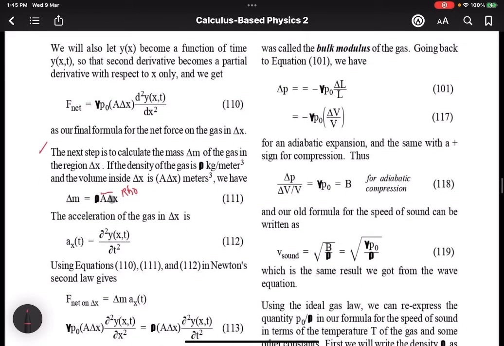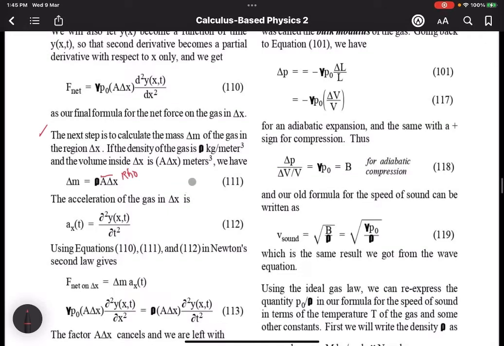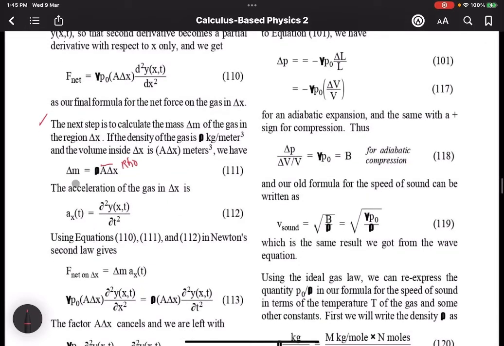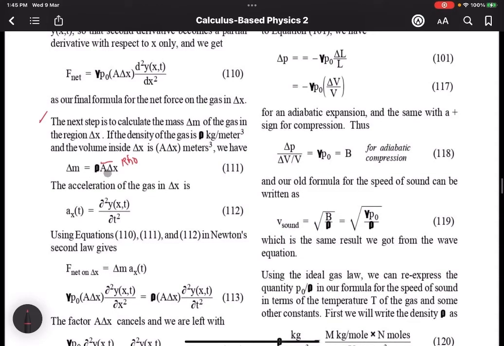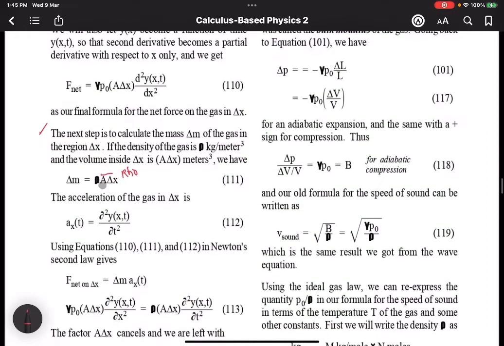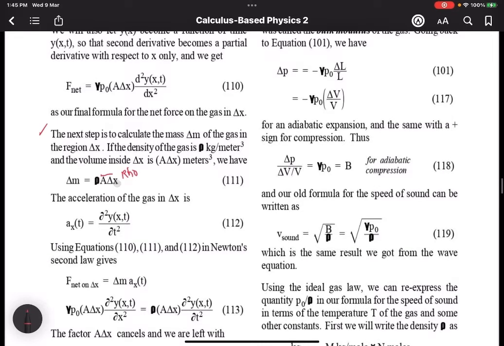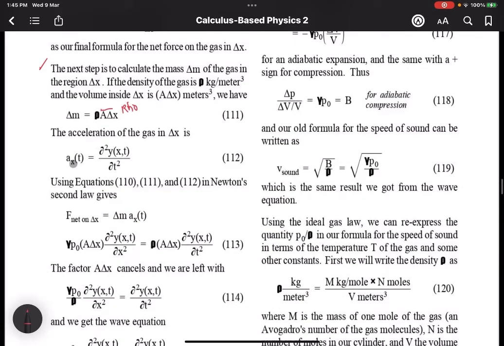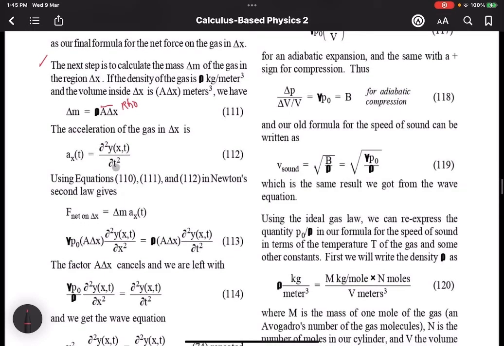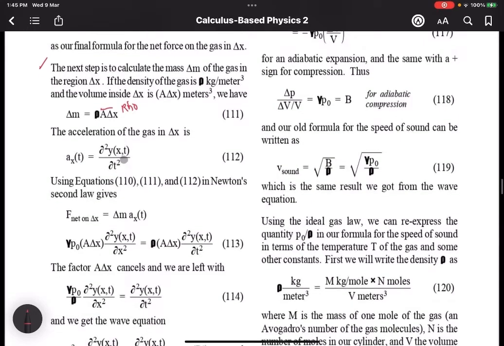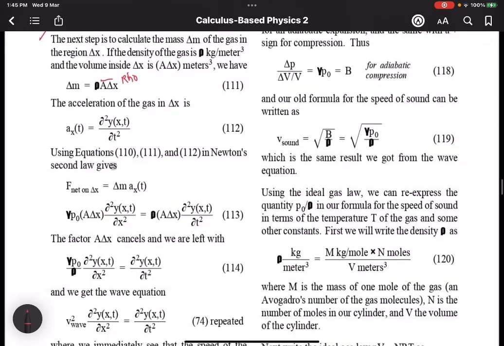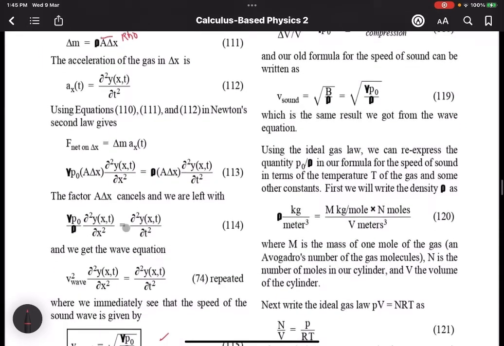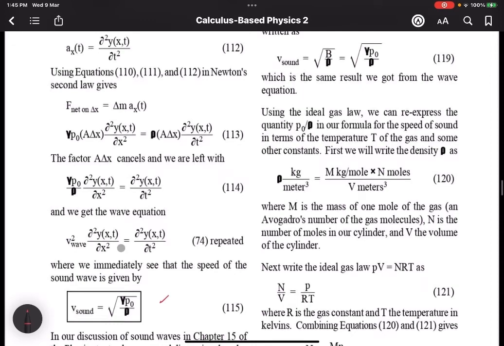And we have also the mass, as we apply Newton's second law, which is the change in mass equal to the density ρ times the area times the change in x. And also having our acceleration of the gas equal to the partial derivative where x is constant in relation to time. We will have the following derivation, similar to our spring.